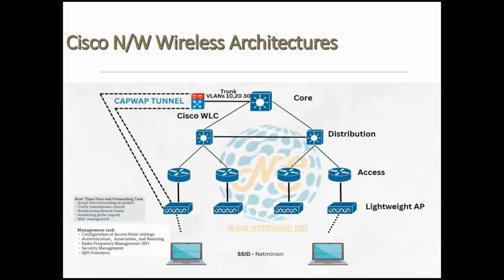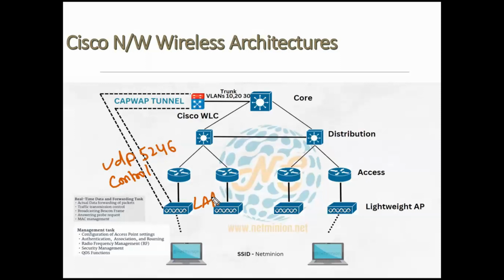This CAPWAP tunnel is responsible for your control messages, which are packets to configure and manage the operation of the LAP. It has data encryption for the corresponding LAP which connects with the WLC, and it uses a special UDP port, UDP port 5246, for your control messages because it needs to control the LAPs.